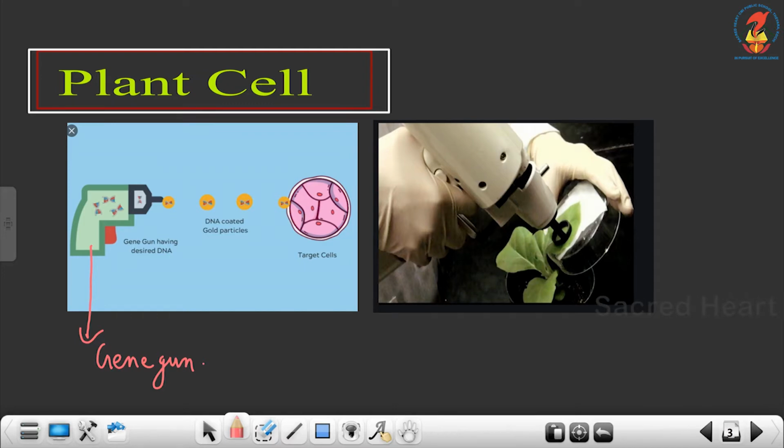What is done is that high velocity microparticles of gold or tungsten coated with the DNA, the gene of interest, are made to bombard the target cell, which is a plant cell.